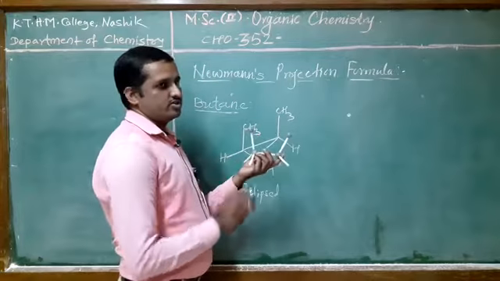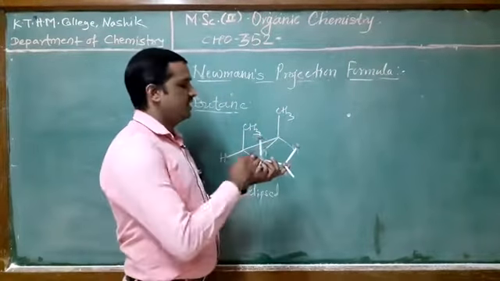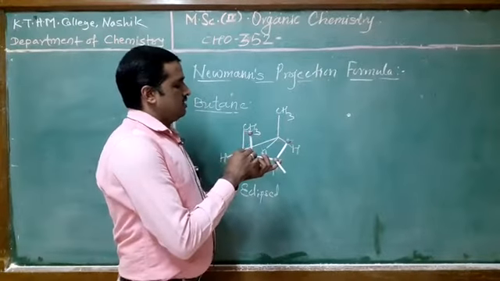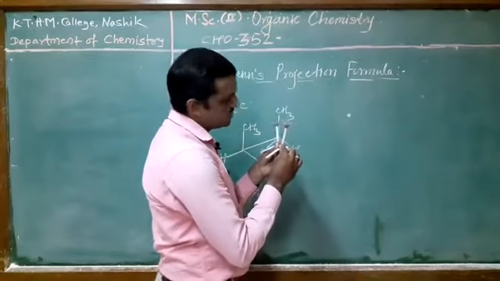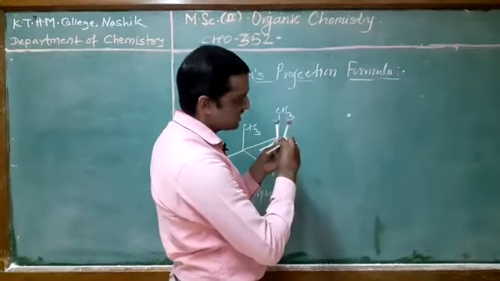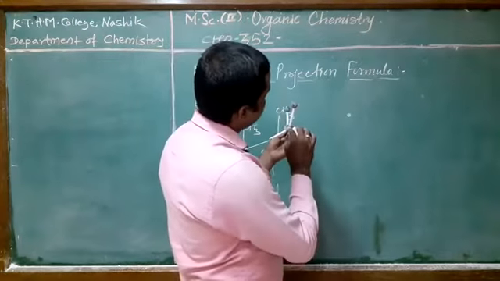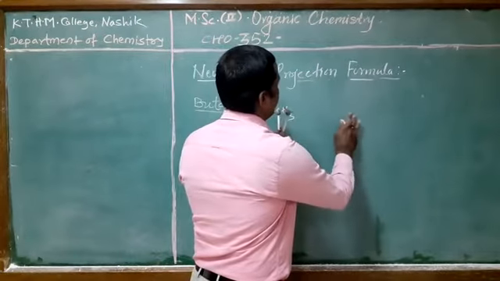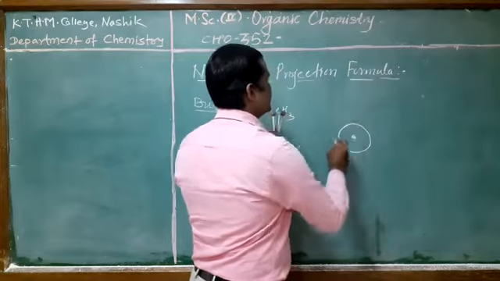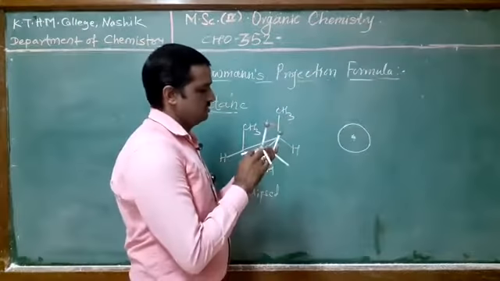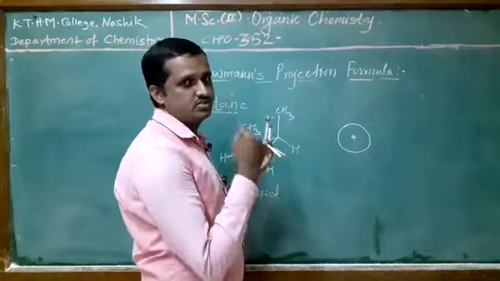In Sawhorse projection, we are observing the molecule from sideways and it is observed like this. But in Newman's projection, the molecule is observed from the front side: the front carbon we keep, and behind this another carbon is there. The front carbon atom is considered as a dot and the backside carbon as an oval, or circle around this dot.